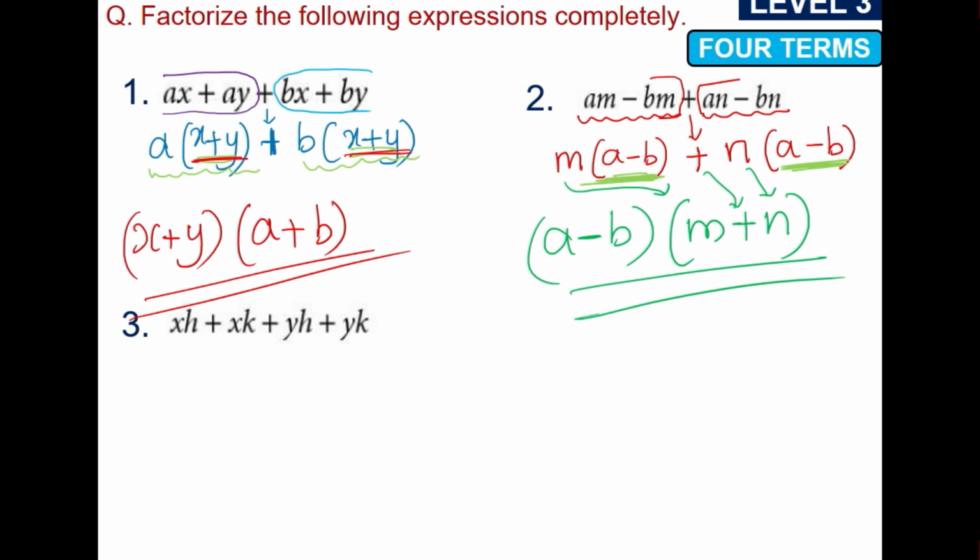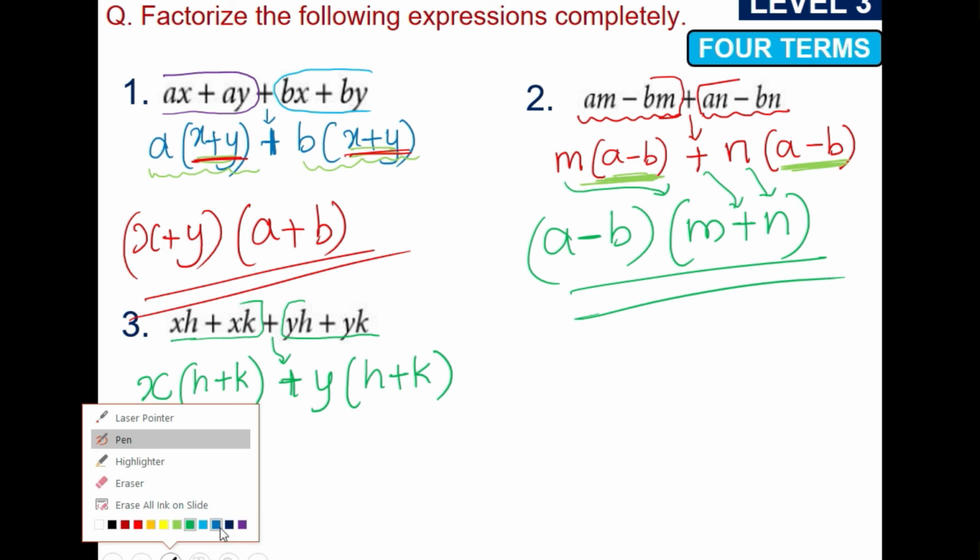Doing the same thing in this question, you have xh plus xk, and you have yh plus yk. So I'll be taking x as the common factor here. What comes inside the bracket is h plus k. Bring down the same sign plus. Here in yh plus yk, y is my common factor, and I have h plus k remaining.